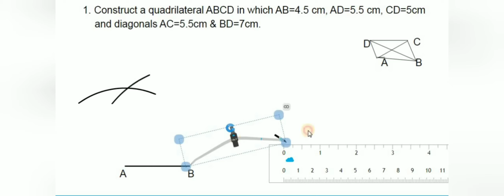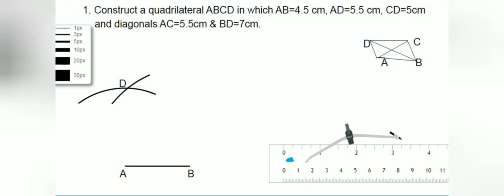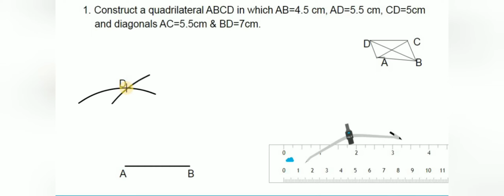Here the point of contact of these two arcs is called D. Just name it point D, so that we get points A, B and D. What is next? Just connect AD and BD.